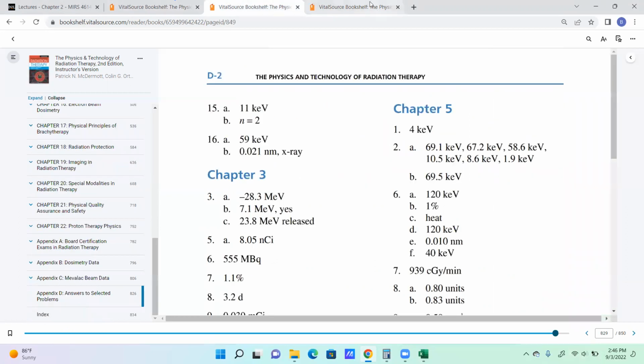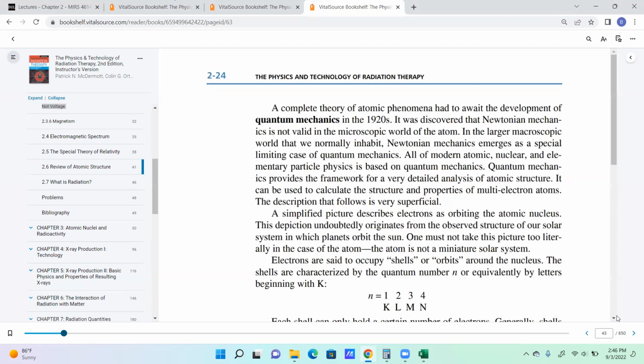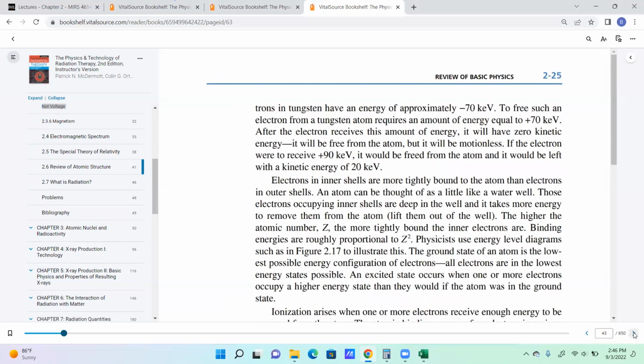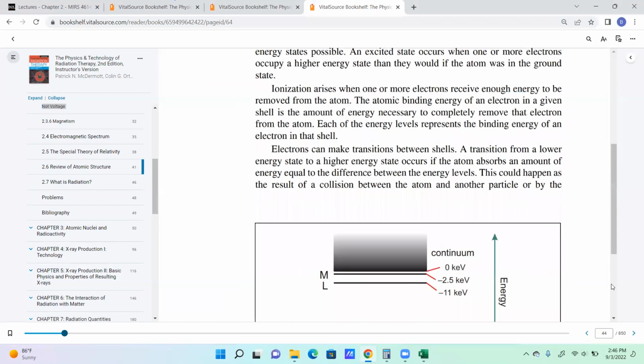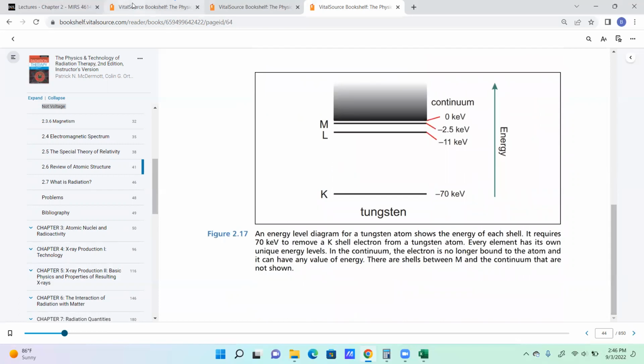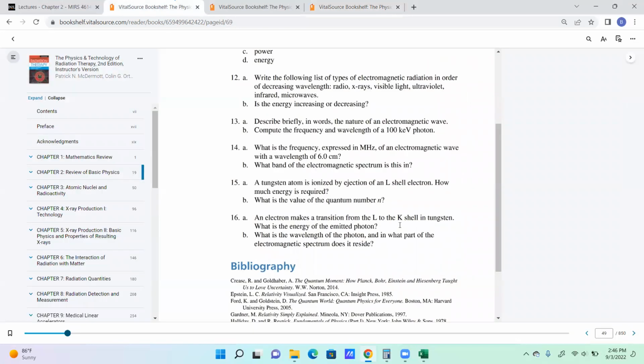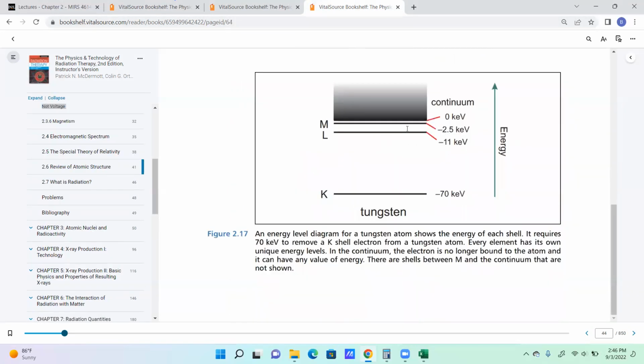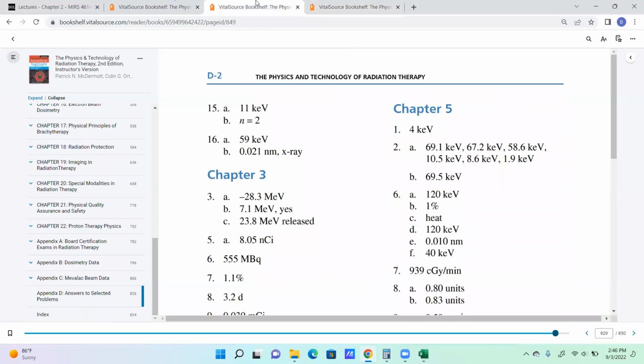Well, again, it said we're transitioning from the L to the K shell. What is the energy of the emitted photon? So we've got an electron that's jumping from here to here. When it jumps, we're seeing a difference of 70 and 11, which ends up being 59 keV.